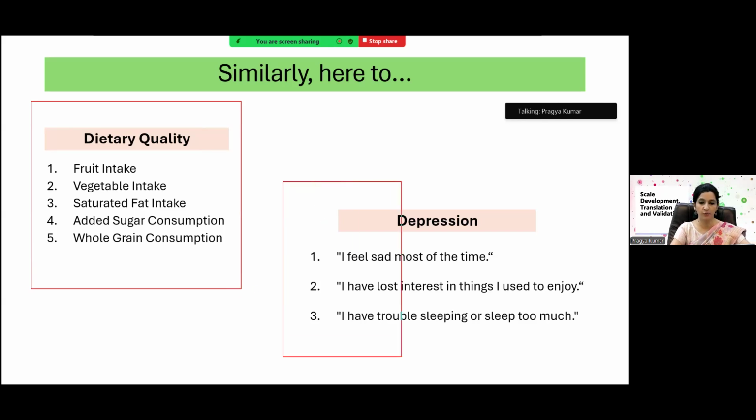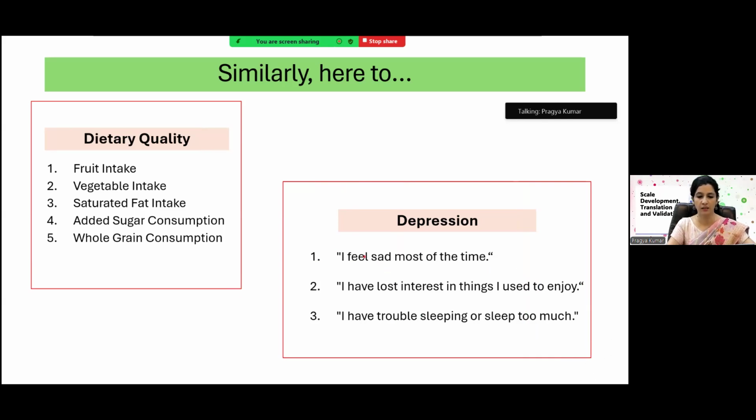And if you come to depression, which is a construct, then these are individual items. I feel sad most of the time. I have lost interest in things I used to enjoy. I have trouble sleeping or sleep too much. All these 3 items which you are seeing here are the variables. Currently I'm not going into the type of measurement scale because there is a difference between these 2 types of construct, dietary quality and depression.